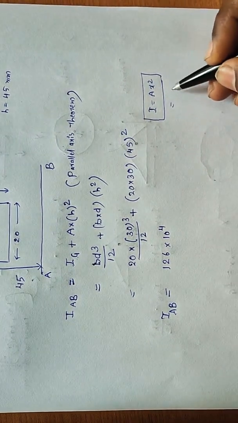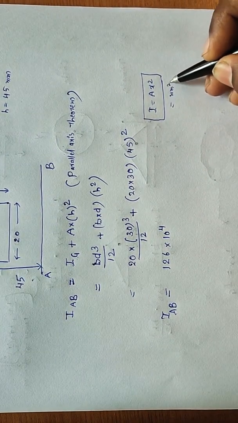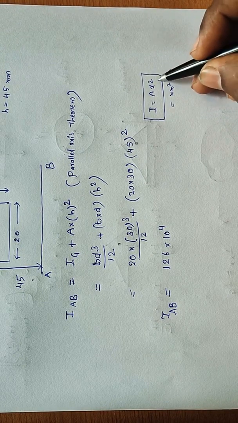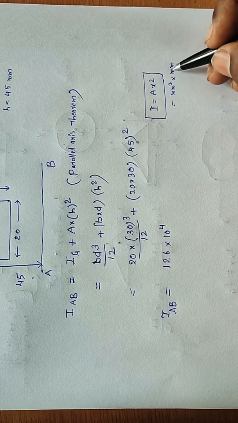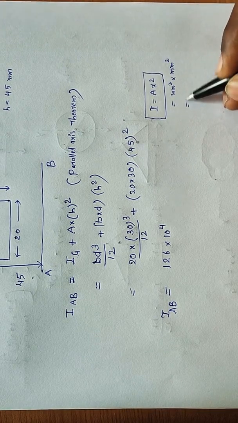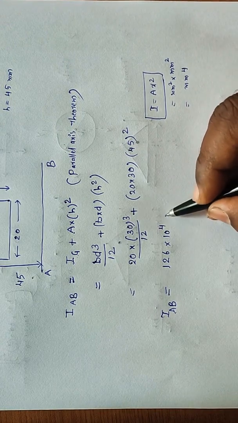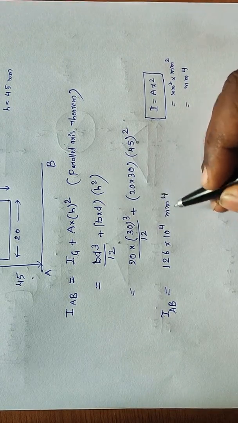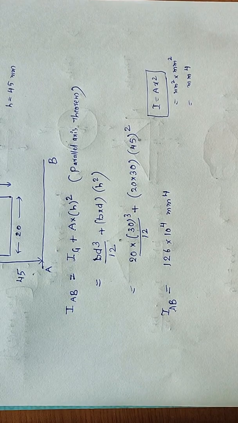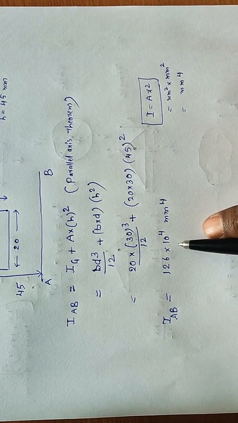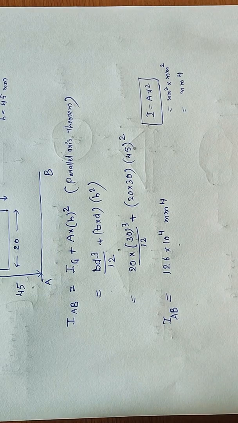Area units are mm square, and distance square is mm square, so the units are mm to the power of 4. So the moment of inertia about AB, using the parallel axis theorem, is 126 into 10 to the power of 4 mm to the power of 4.